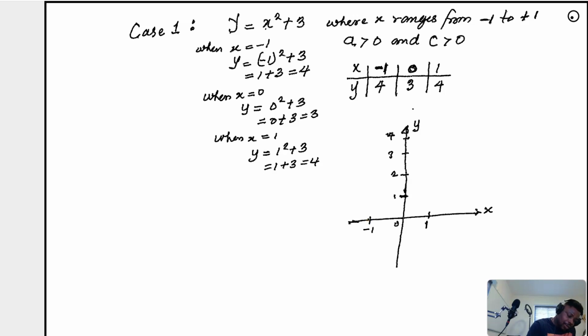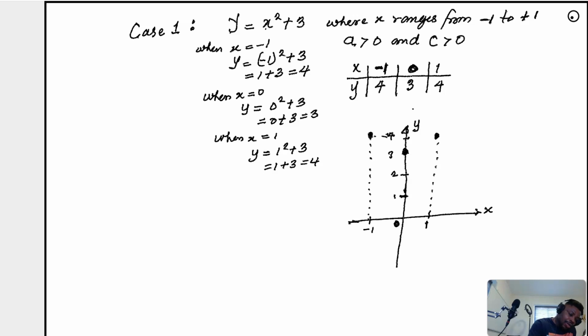So when x is minus 1, y is 4. So I have a point here. When x is 0, y is 3. So I have a point here. When x is 1, y is 4. I have a point here.